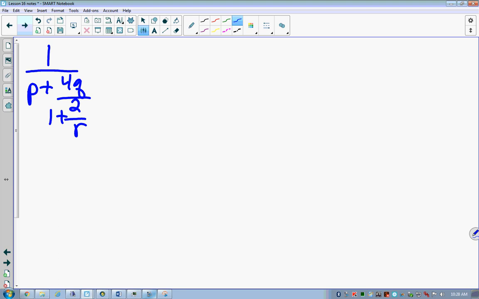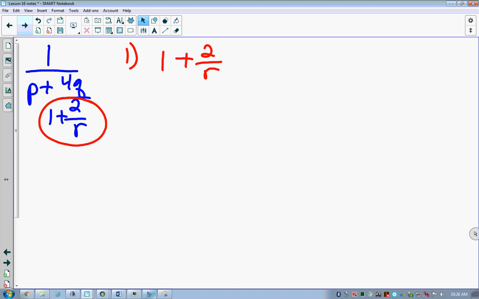In this case, that is 1 plus 2 over r. Do we see that here? Okay. Let me take that away because we're going to have to rewrite this after we simplify it.